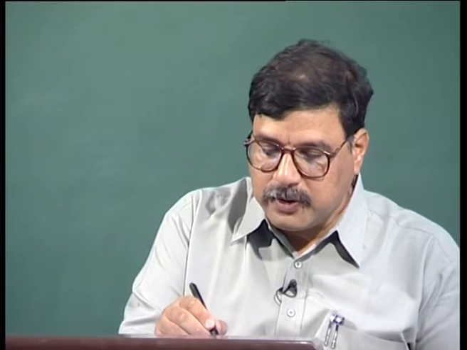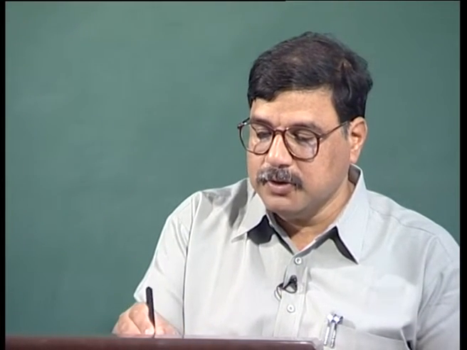So, the question we ask is, given this distribution of force f(x), what is the total force on the system and where effectively is it acting? And let me explain that a little further.